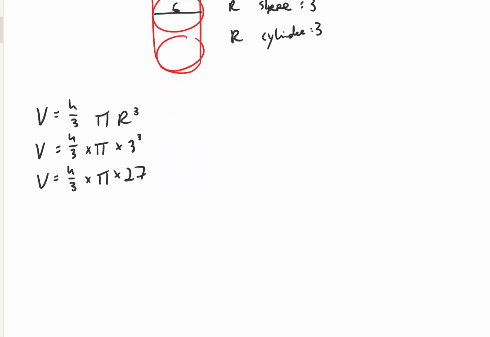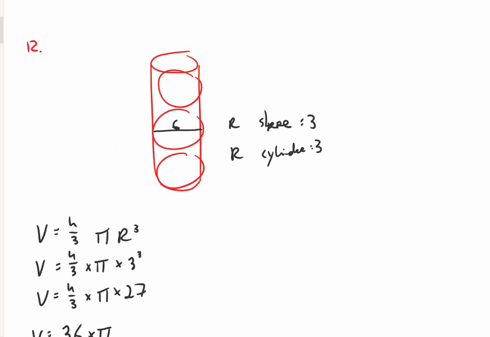And 4/3 of 27 is, what is that? 36. So 36 multiplied by pi. We're asked to give our answer as pi, so we will just say 36 pi, and of course centimeters cubed. Okay.